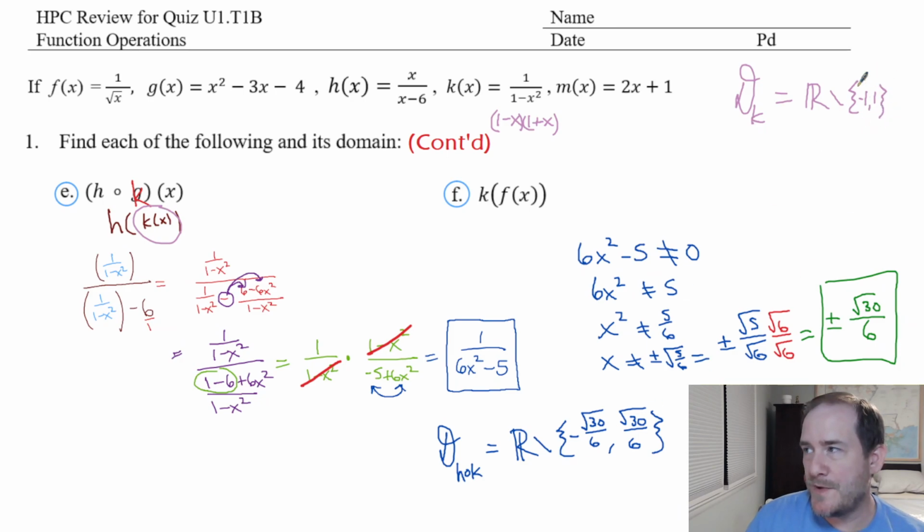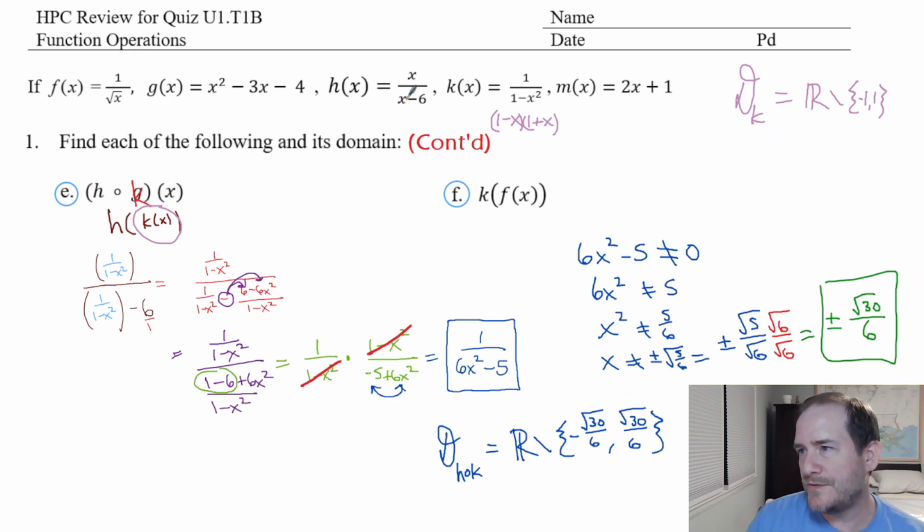So those domain restrictions carry through. No matter what happens here algebraically, those discontinuities at negative 1 and 1, those values that make us undefined, still can't be in the domain of our composition since they're not in the domain of k. All right, great, fine. Anybody else I need to worry about?